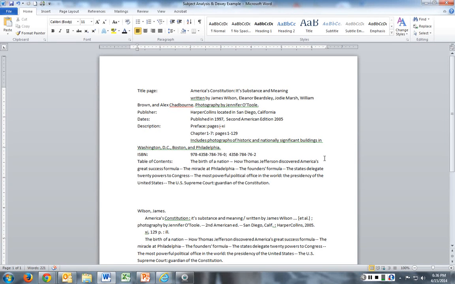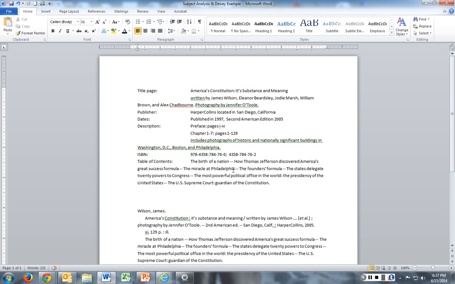How Thomas Jefferson Discovered America's Great Success Formula is probably talking about, he wrote the Declaration of Independence, what his thoughts were that he put into that, and what his philosophy was in terms of this document, this Constitution, being formed, and how the Constitution will help guide the development of the government and how that will work.